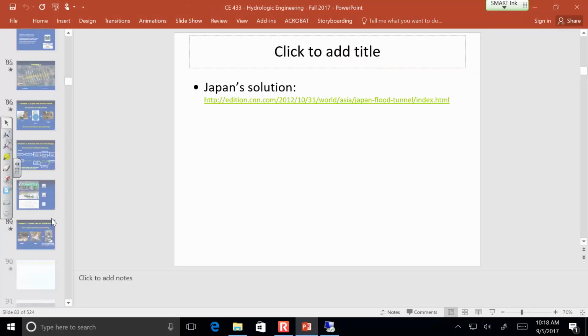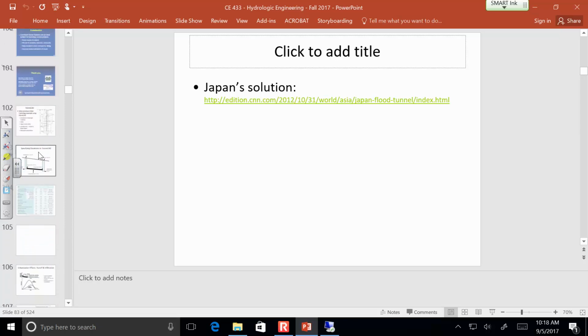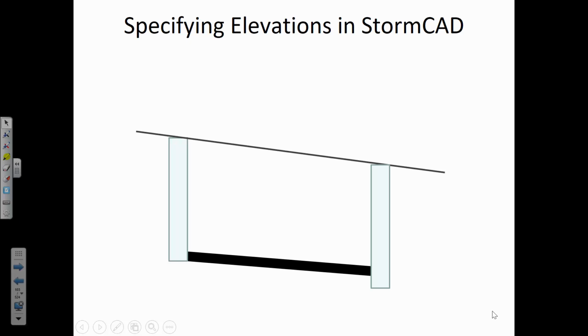On the subject of length and slope, let me show you something that illustrates how to specify the slope of a pipe in StormCAD. So this is a side view of the ground surface. And here's the ground. And then here are a couple of manholes connecting a pipe. So there's a pipe.